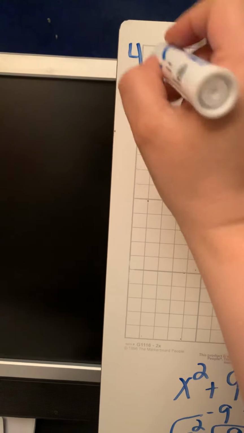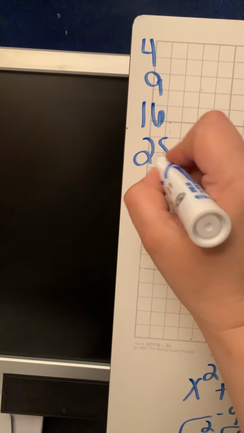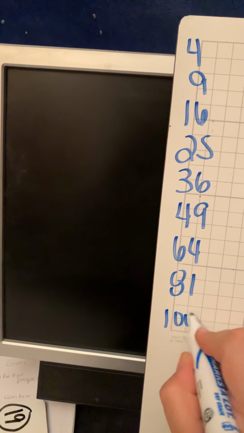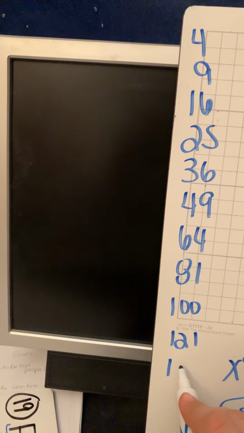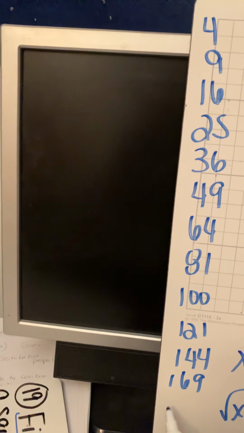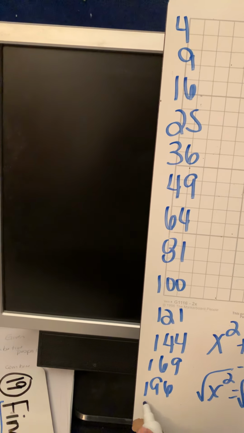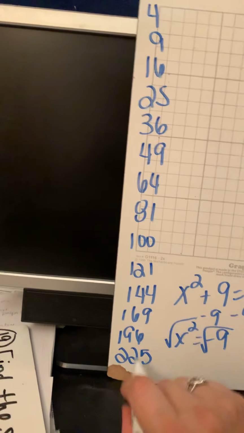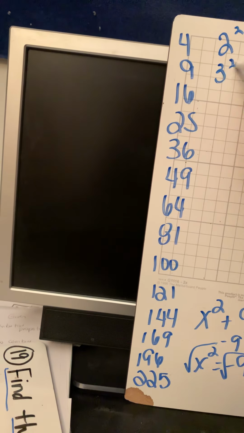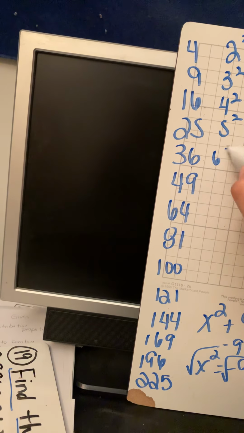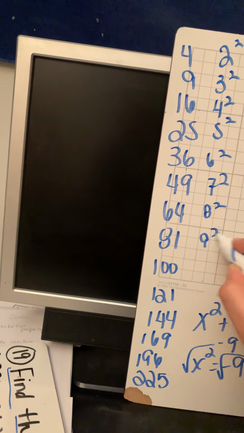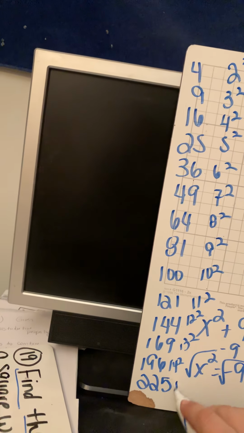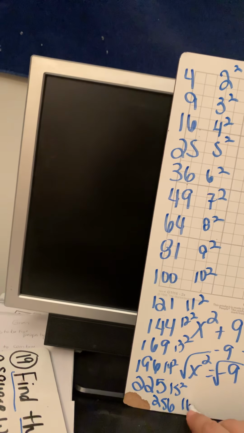Your perfect squares: 4, 9, 16, 25, 36, 49, 64, 81, 100, 121, 144, 169, 196, 225, 256. That is 2 squared, 3 squared, all the way up to 16 squared.